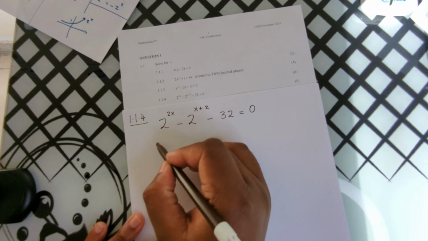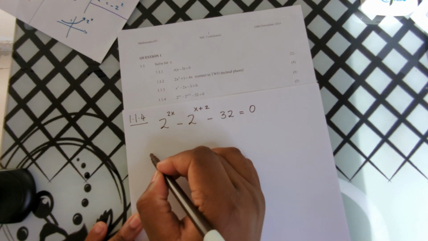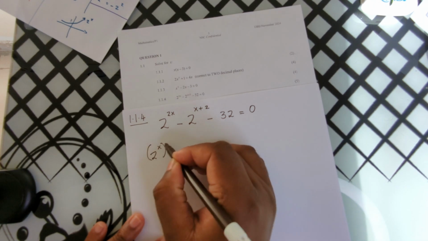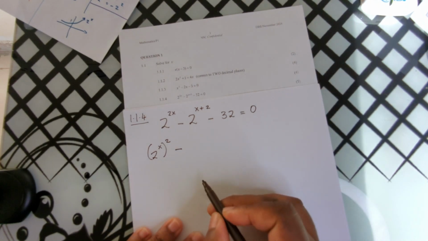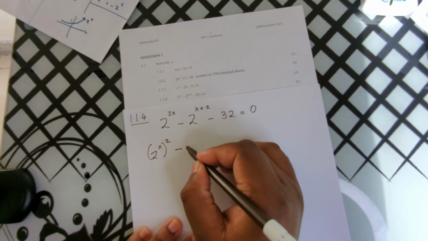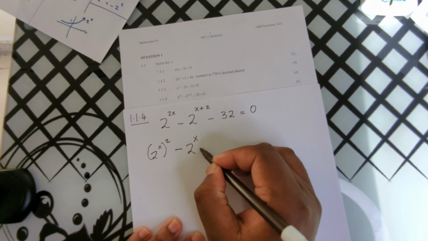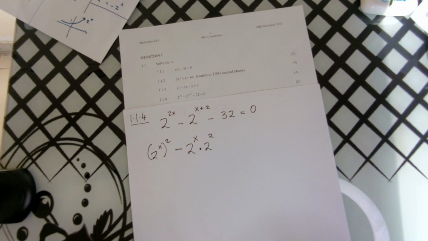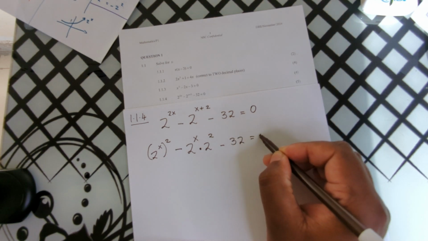So let's rewrite the 2 to the power 2x as 2 to the power x, everything raised to the power 2, and minus the 2 to the power x plus 2 can be rewritten as 2 to the power x multiplied by 2 to the power of 2, minus 32. Let's keep the 32 as it is.